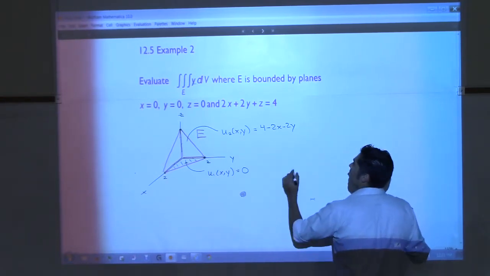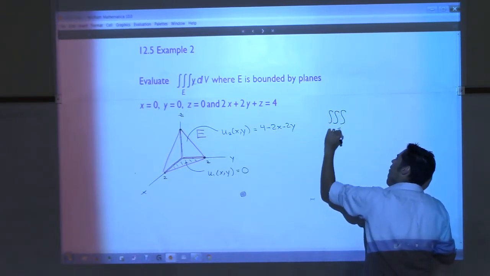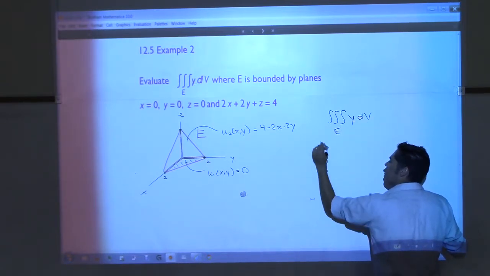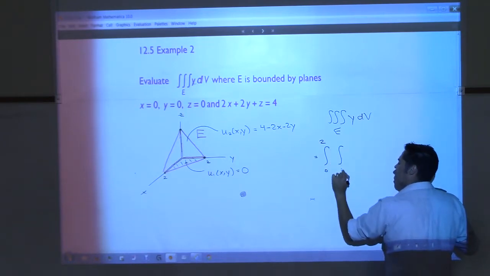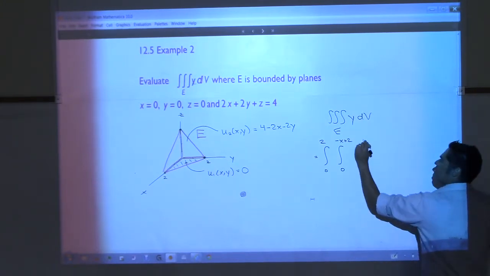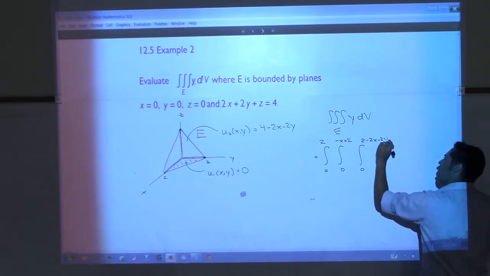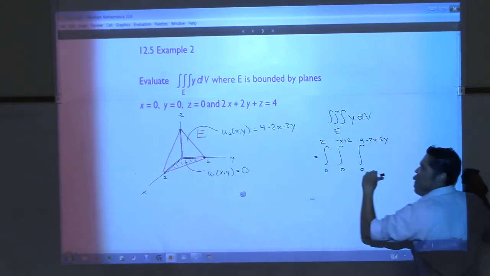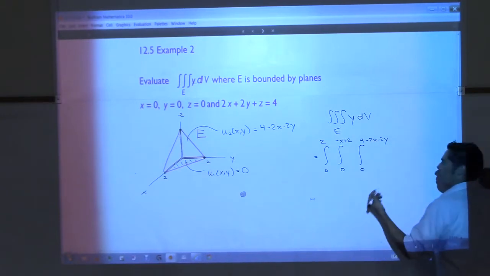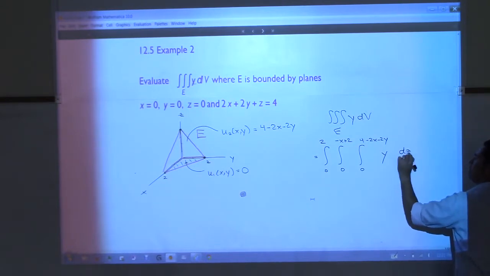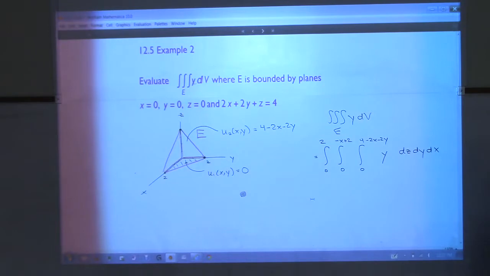The triple integral over the region E of y dV will be the integral from 0 to 2, that's my restriction on x, integral 0 to negative x plus 2, those are my restrictions on y, integral 0 to 4 minus 2x minus 2y. 0 was the bottom surface, there's the top surface. What am I integrating? y dz dy dx.